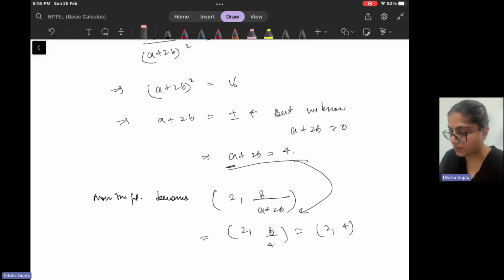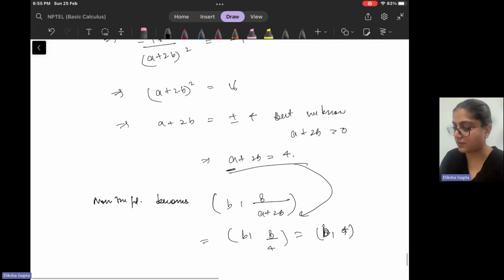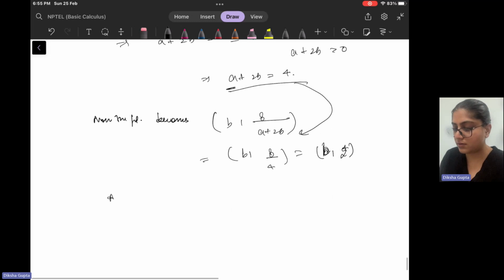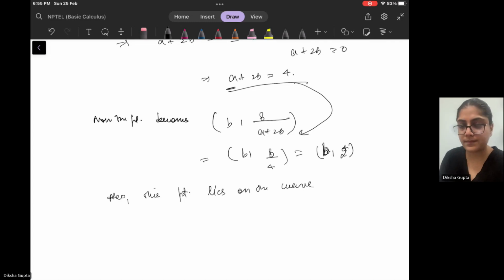This was not 2, this was b, right? So (b, 2) also lies on the curve, and on the line.